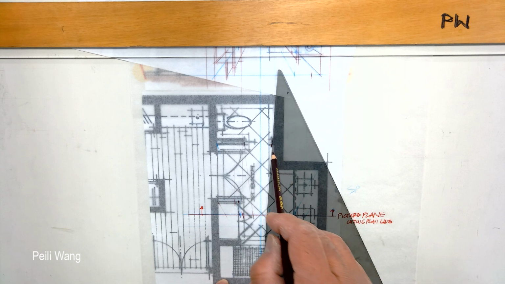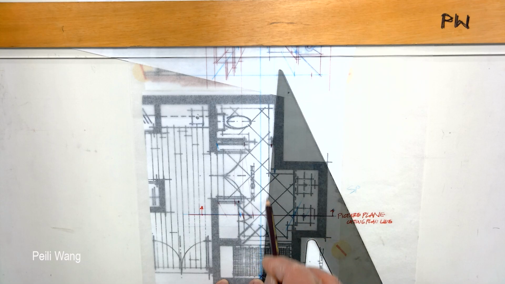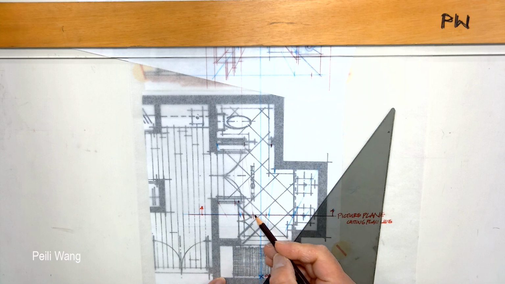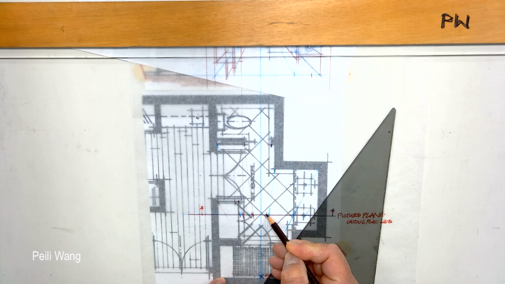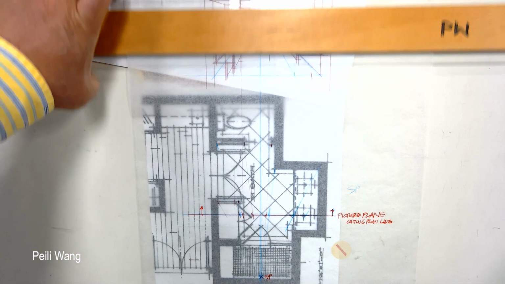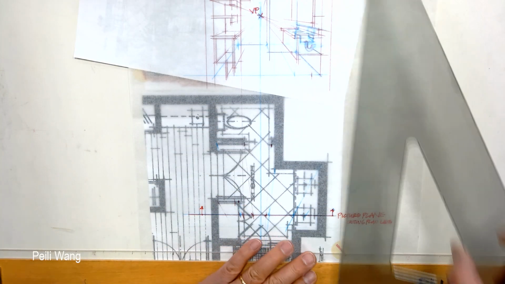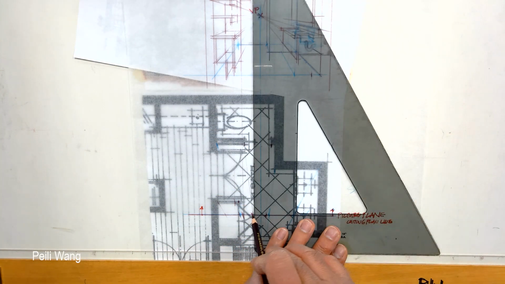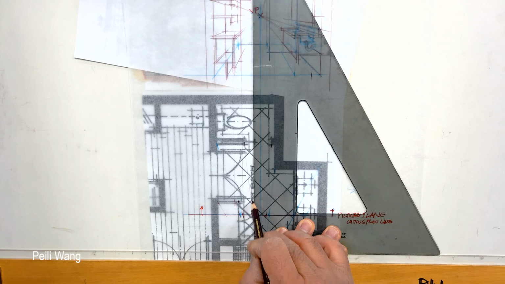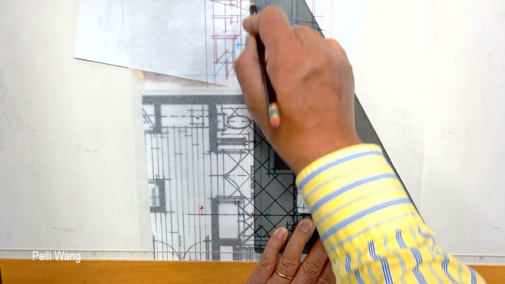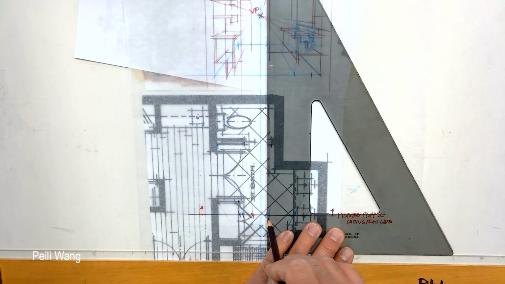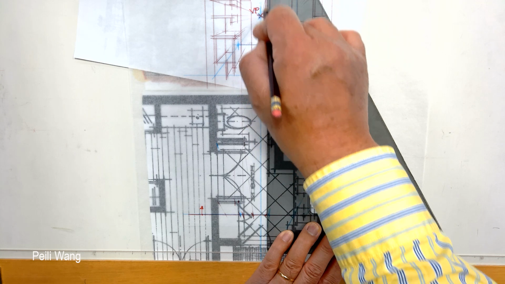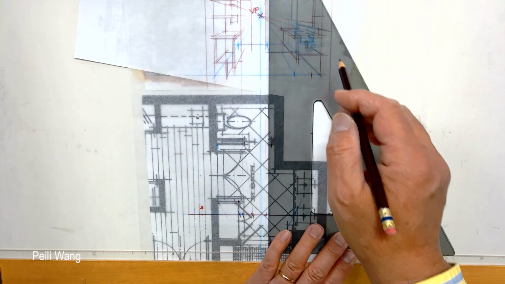Transfer to picture plan. Connect. Perfect. Good. I have point door here to here, here to here. Then I make a vertical line from here. Take a look at. Bring up vertical line. Door. Here's door. Okay, I got a door.